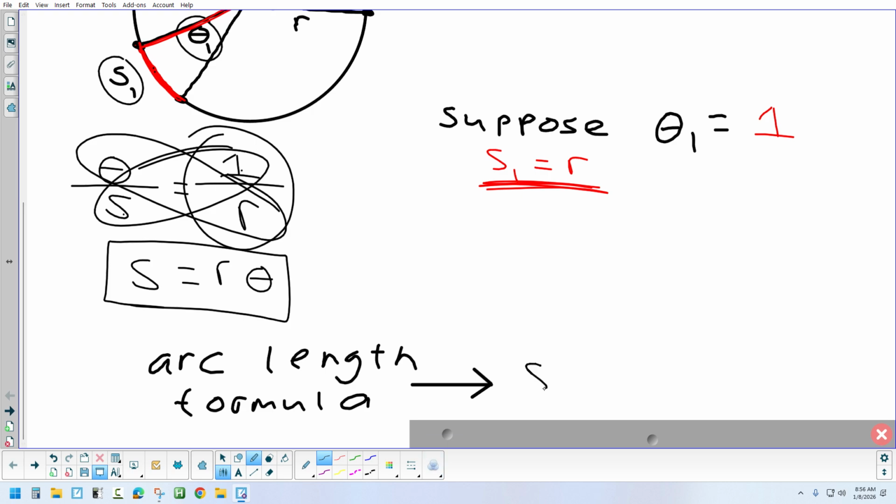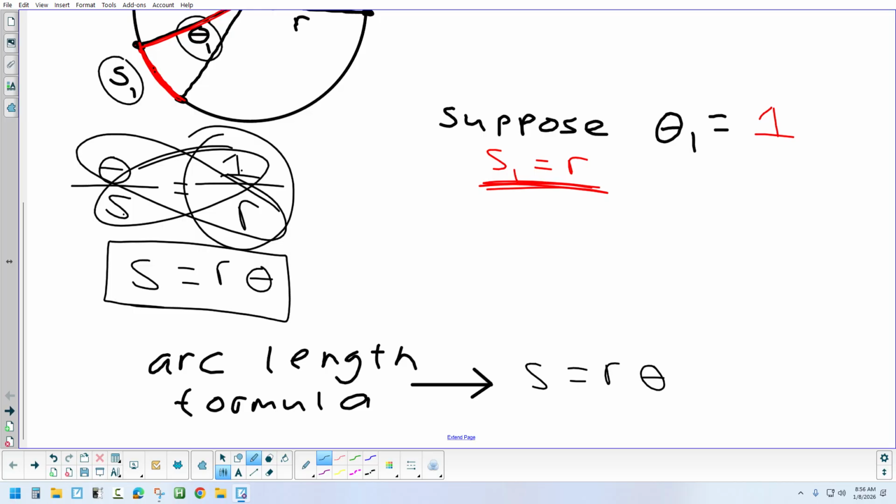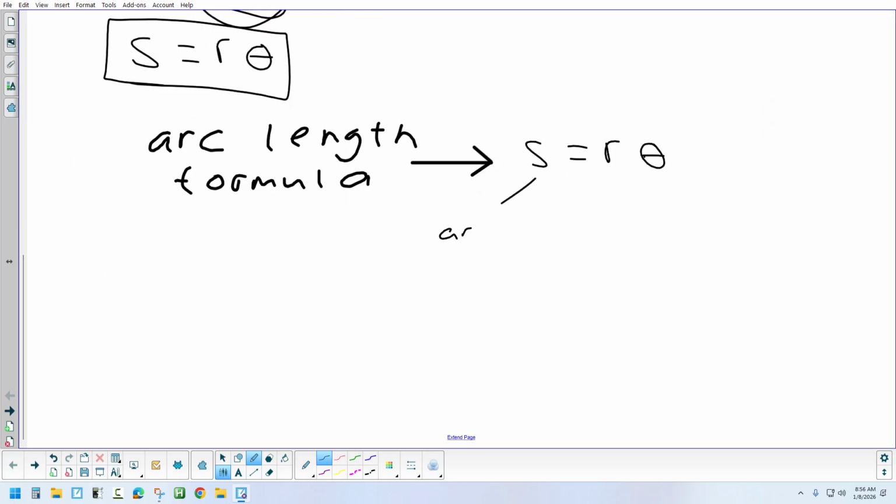I'll just put it over here. So in order to find the length of an arc in a circle, you need to know 2 things. 1, how big is the circle? What's the radius? And 2, how big of an angle did you draw inside the circle? So that's your arc. That's your radius. And that's your angle.